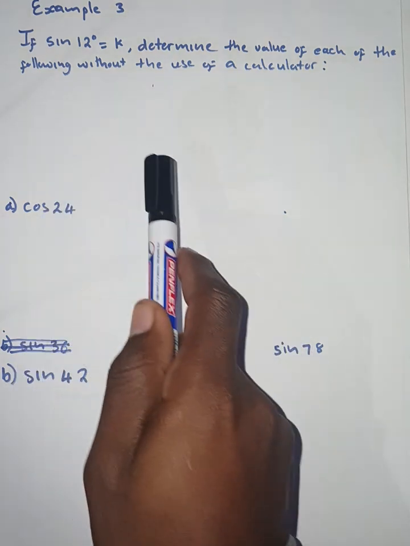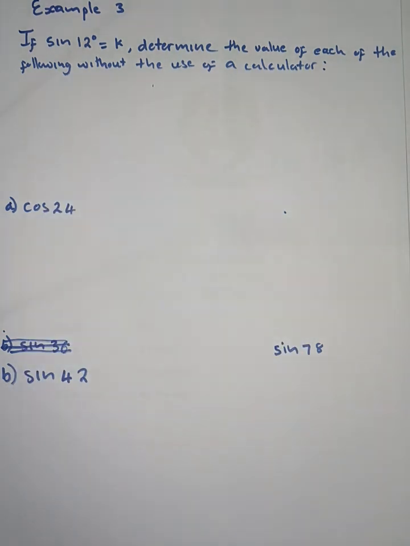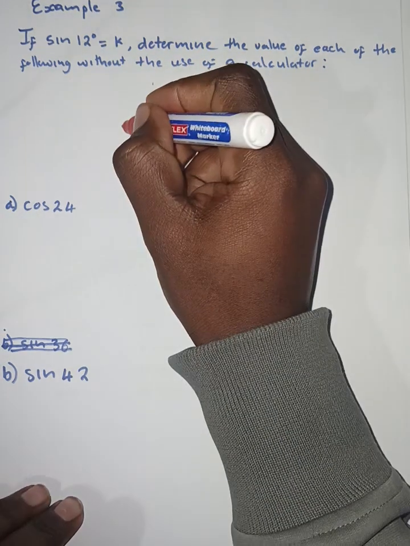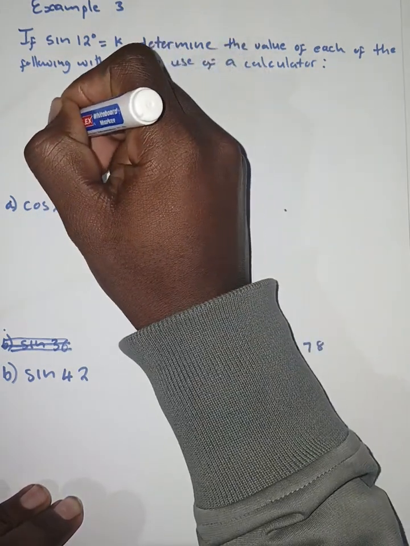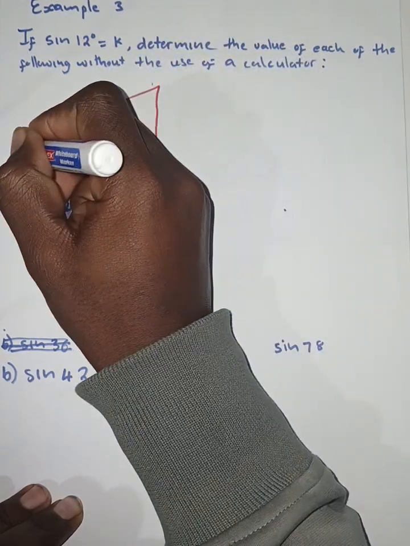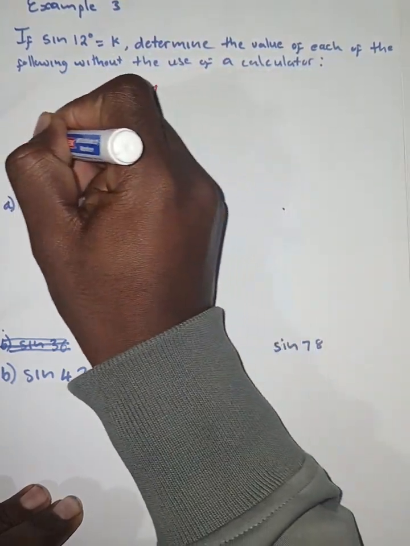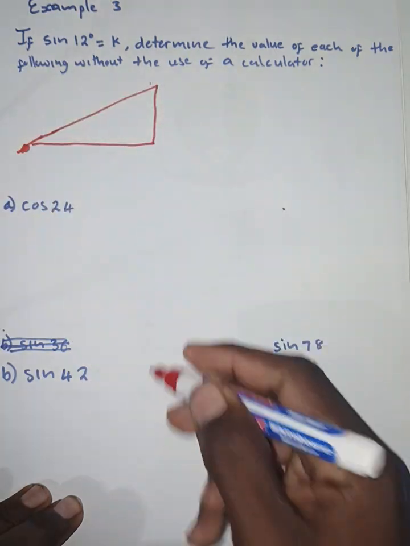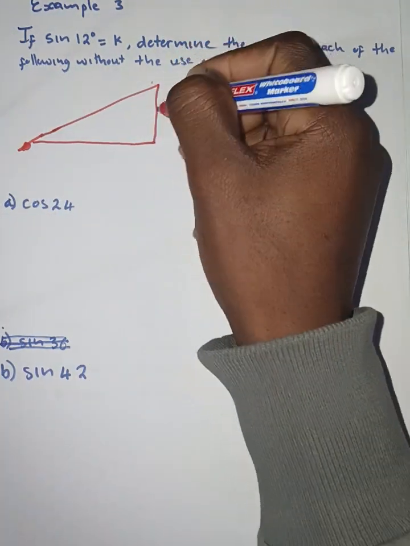Now they didn't give us any more restrictions on the range that 12 degrees is between. So what you're going to do in this case is just draw a random right-angled triangle. It doesn't actually look like it, but I'm sure you can see what I'm trying to do.